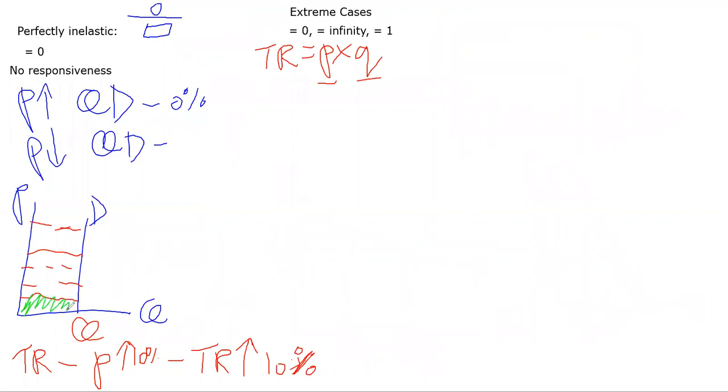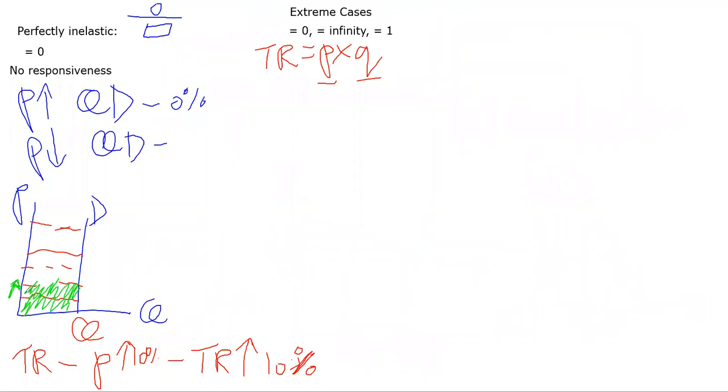So if price increased by this much, then your total revenue would also increase by this much. That's the basic idea. जितने से price बढ़ेगी उतने से total revenue बढ़ जाएगा. It comes a lot in MCQs.